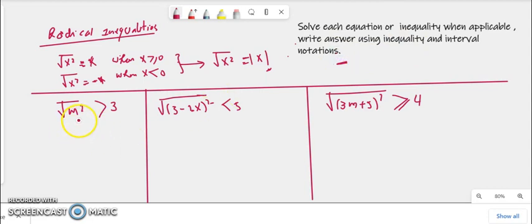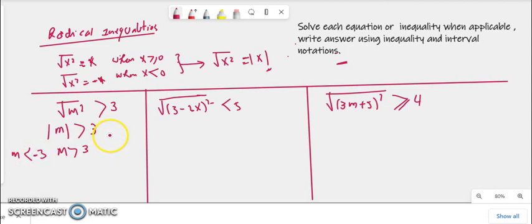Okay, so the square root of m squared is greater than 3. So we're going to apply the rule. It will be the absolute value of m is greater than 3. So that means m is greater than 3, or m is less than negative 3.